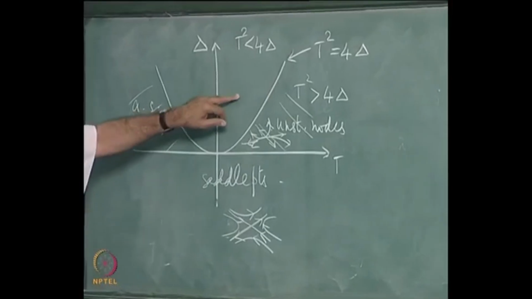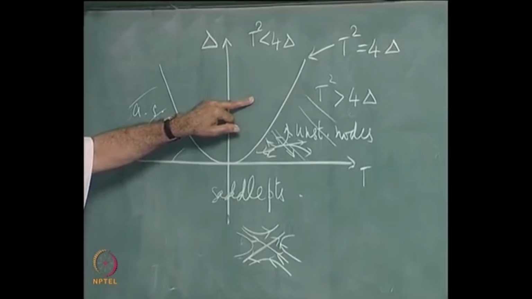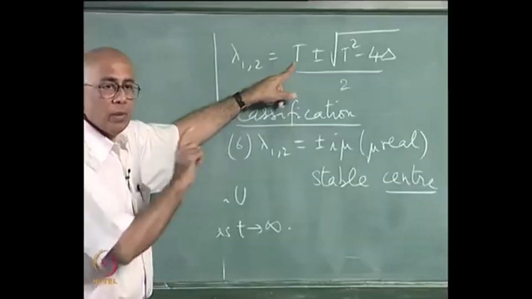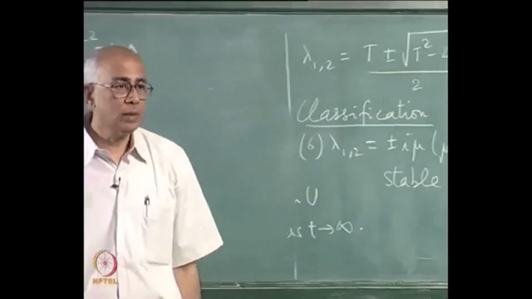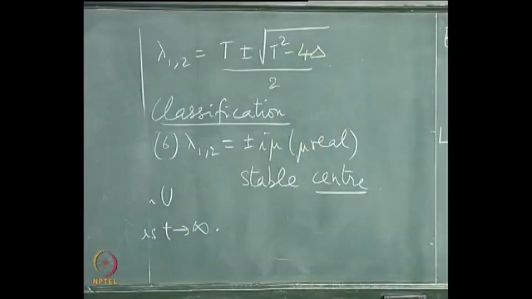What would you have here when T squared is less than 4 delta? T is positive, remember you are on the right hand side, so T is positive and this becomes pure imaginary, so the square root gives you plus or minus i times something or the other, but then you have a positive real part and therefore you have unstable spiral points.